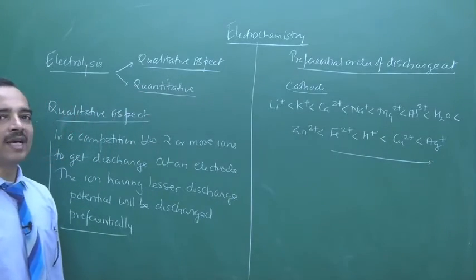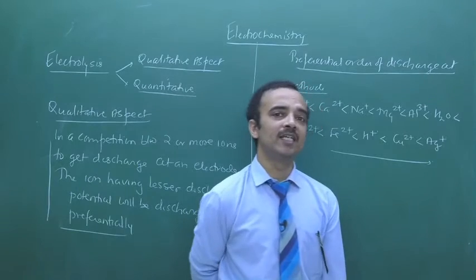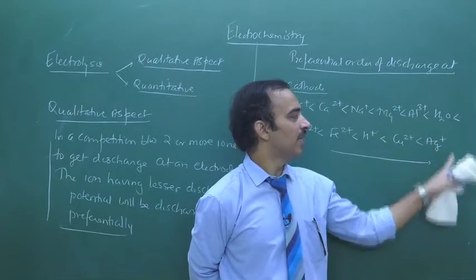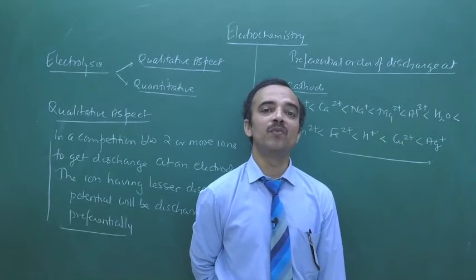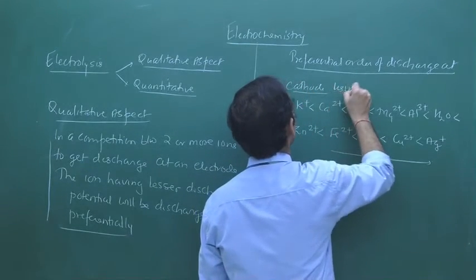That means if there is competition between these ions to get discharged at an electrode, then among these Ag+ will be discharged in preference to the others. Beta, this is using platinum electrode.